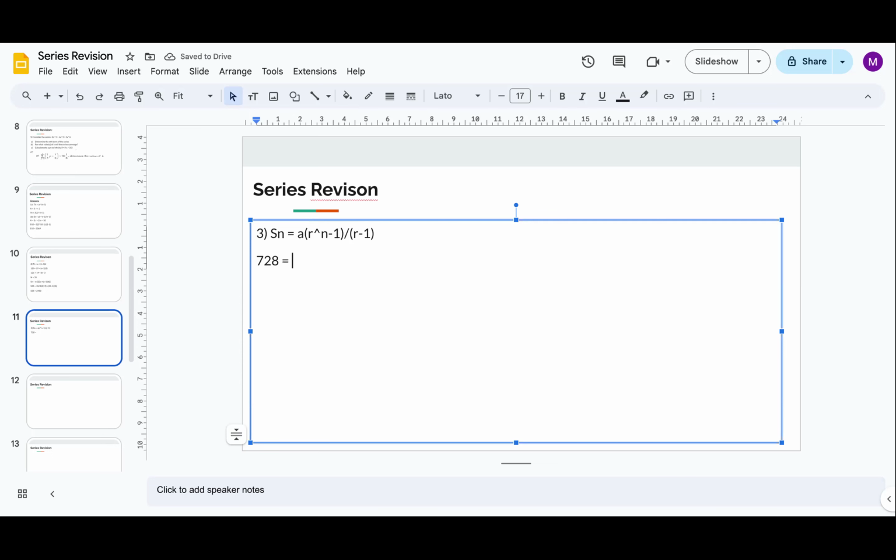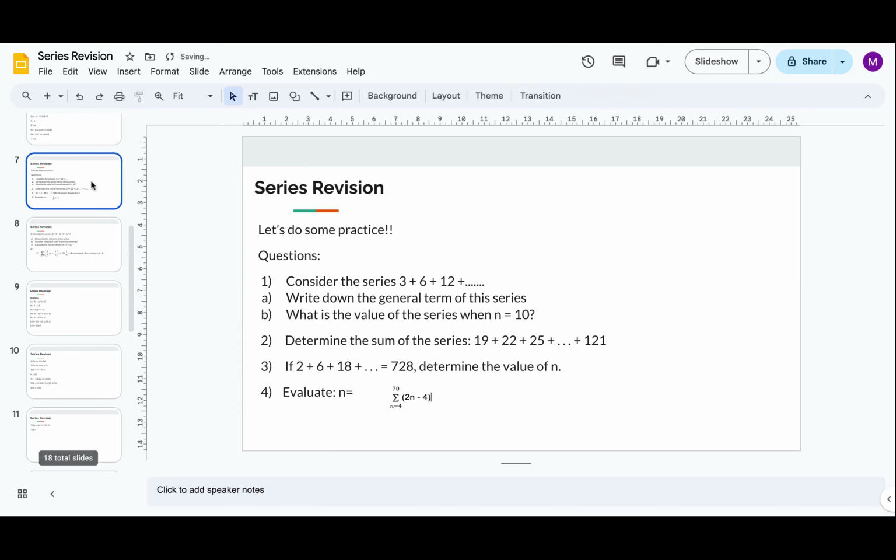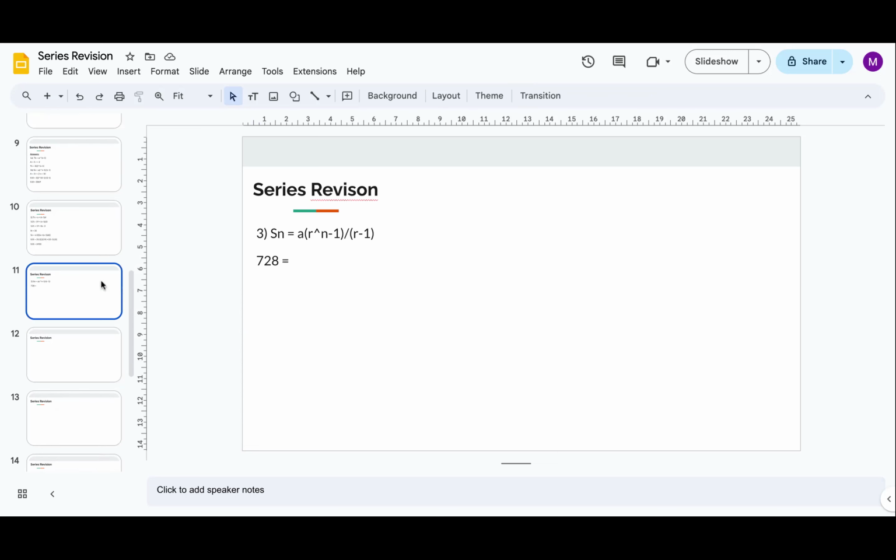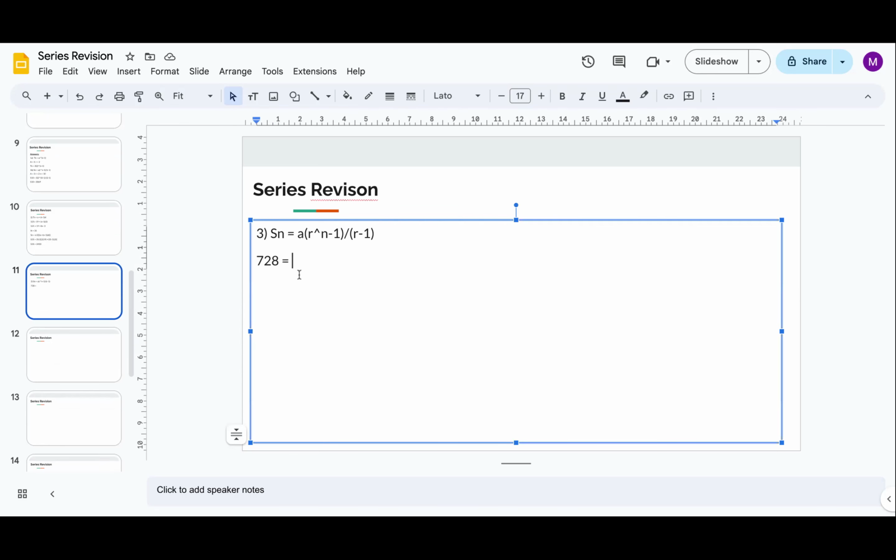Have they given that to me? Yes, the value of my first term is 2. So the first term is 2 and r is 3. I sub those in: 2, open brackets, 3 to the power of n, which I'm looking for, minus 1, over r minus 1, which is 3 minus 1, which is just 2.